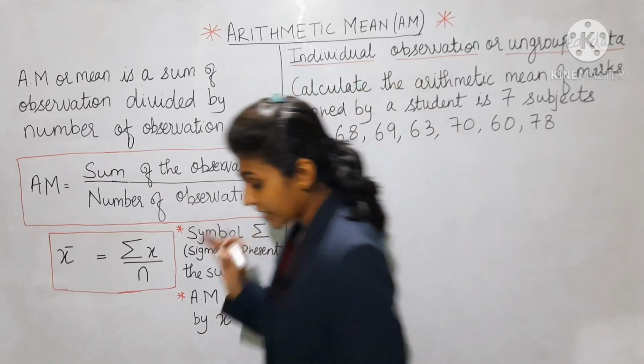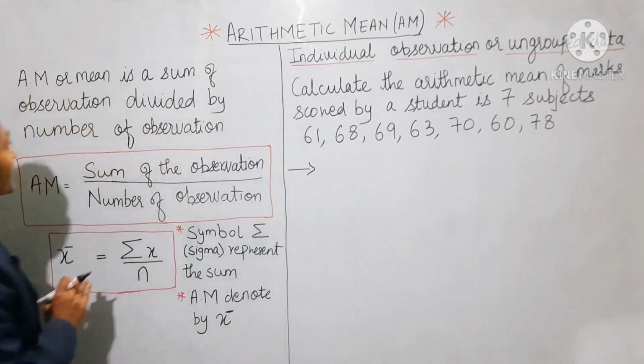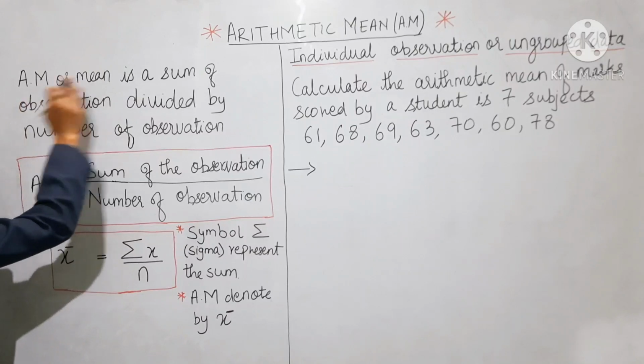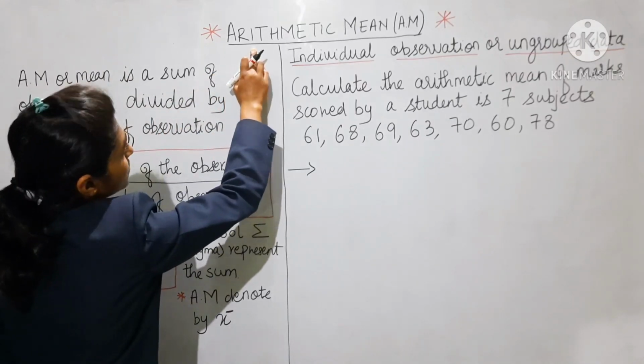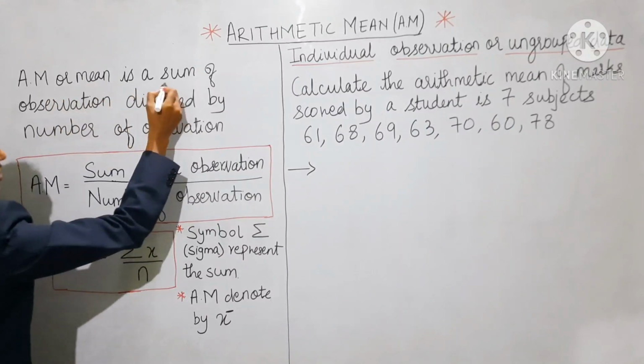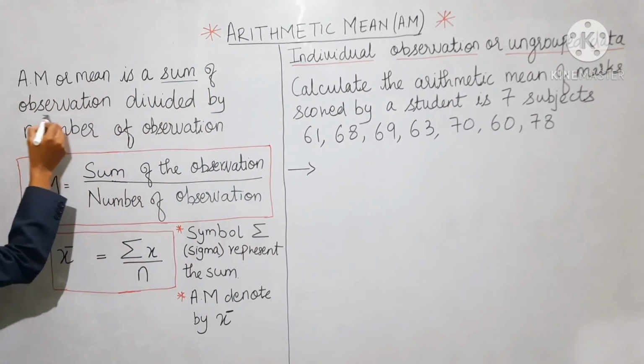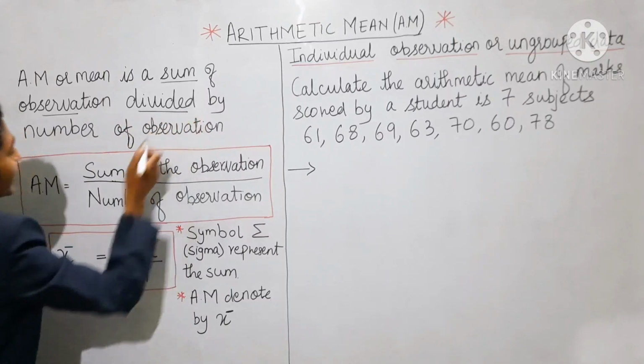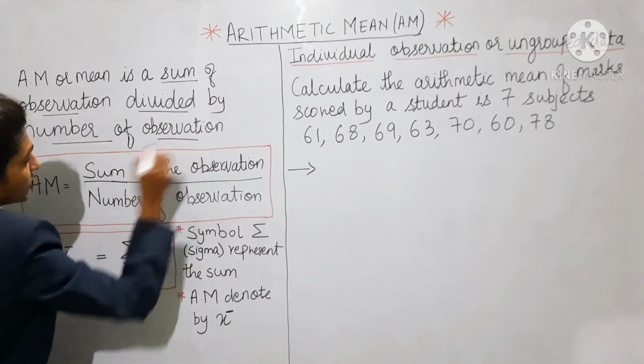So this is the definition of arithmetic mean. AM means A stands for arithmetic and M stands for mean. Mean is a sum of observation divided by number of observation.